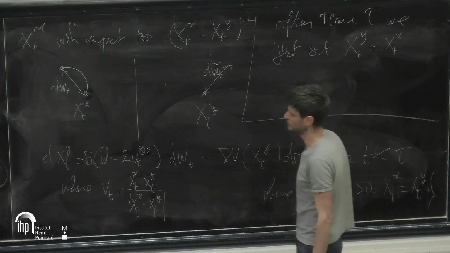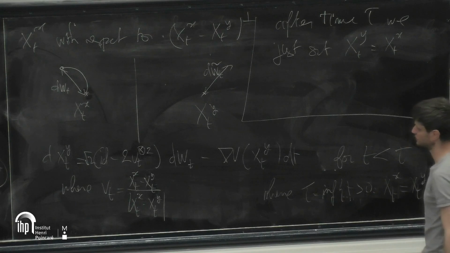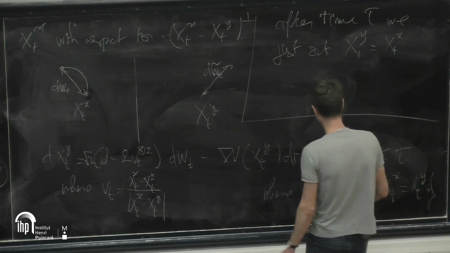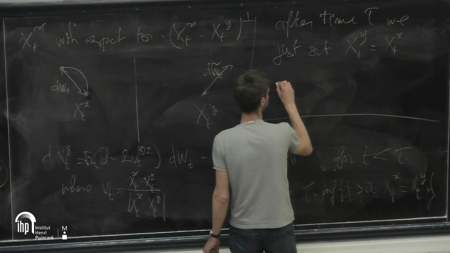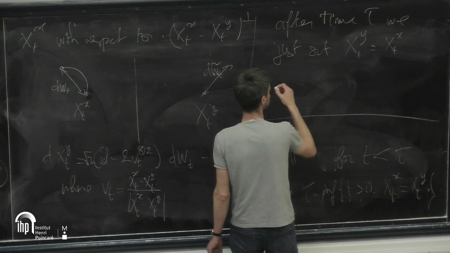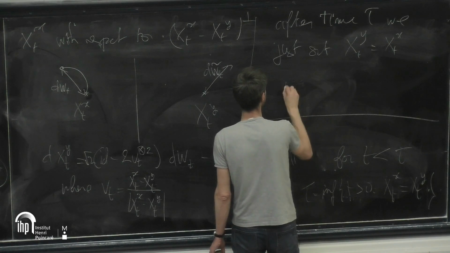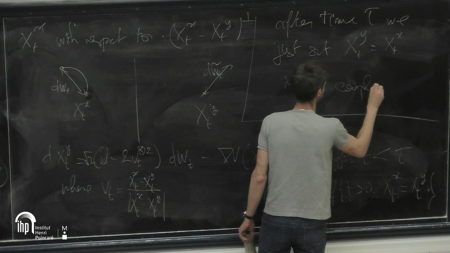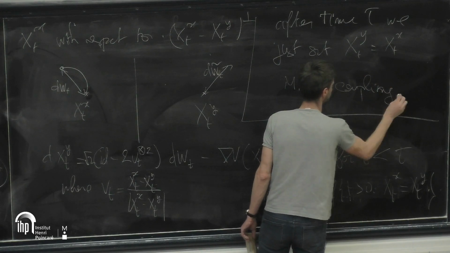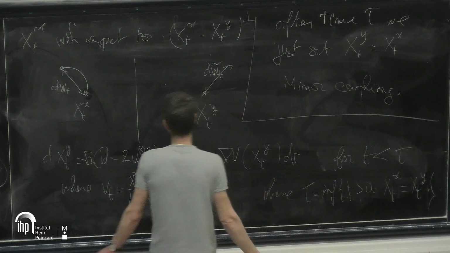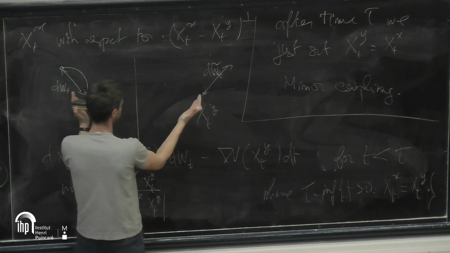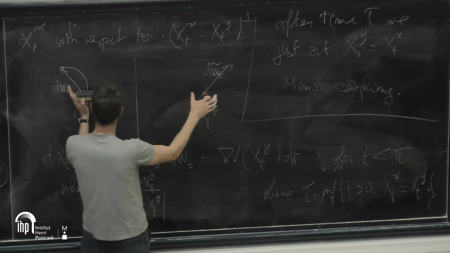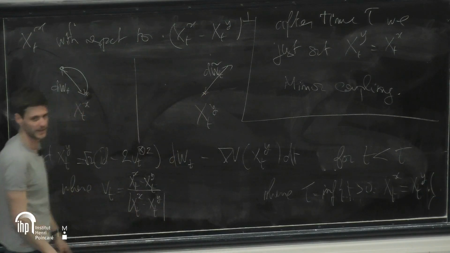Okay, I will not go into the details to show you why this is well defined, but this is a standard tool in diffusion. It's called mirror coupling. And you see the reason it's called mirror: the Brownian motion of this one is what you see from this one in a mirror.